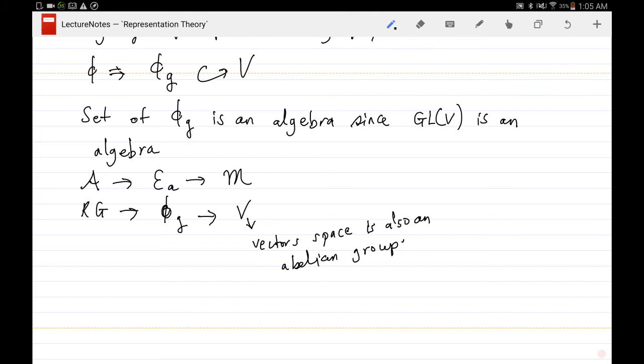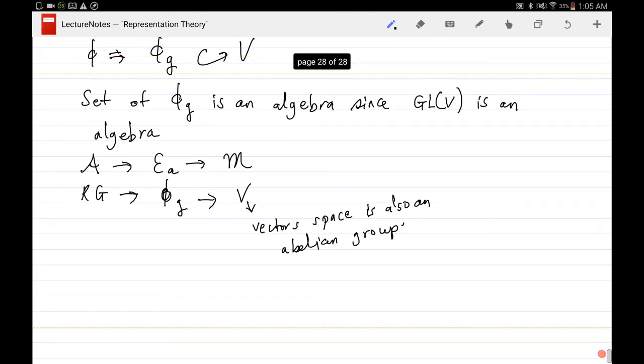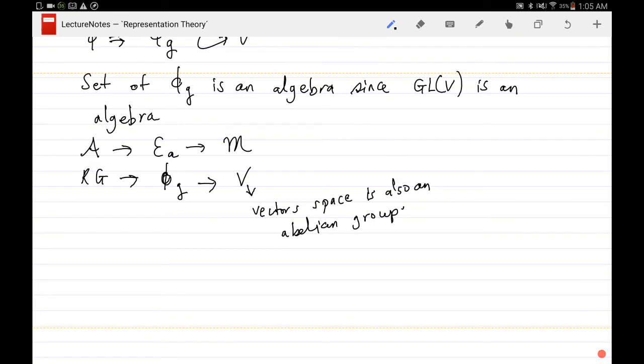I hope this is becoming more obvious. I hope I'm making sense. You should really see the parallel of how you can move back and forth given one language. We had a vector space before, and what you can do is forget about the fact that it's a vector space and concentrate on the fact that it's a group, in fact an abelian group.